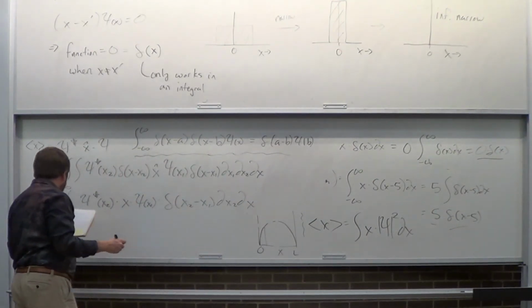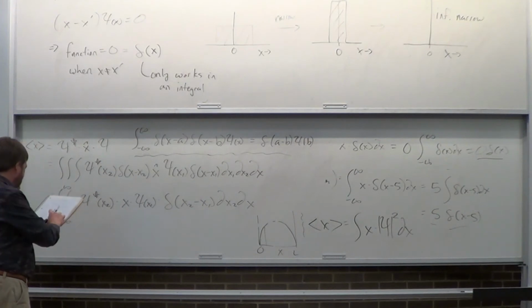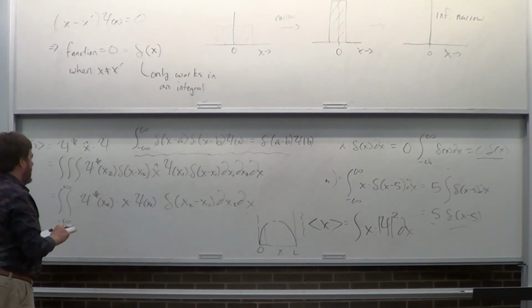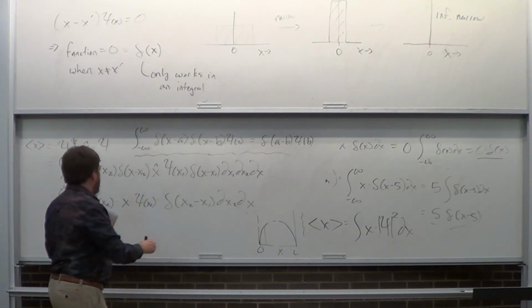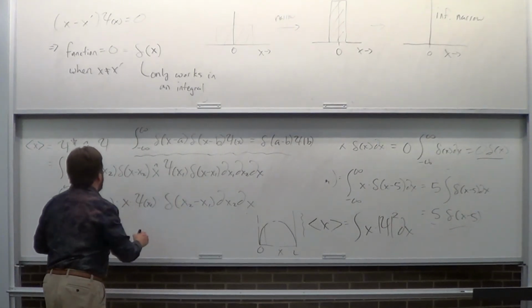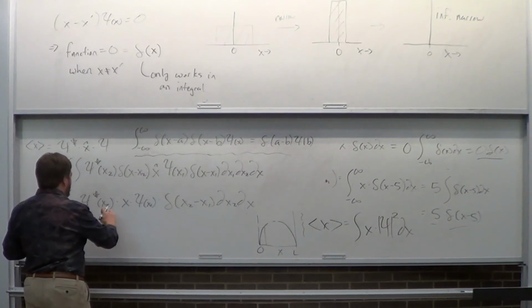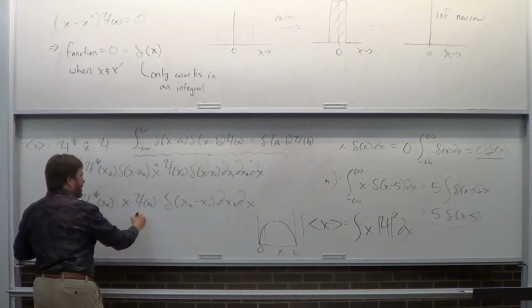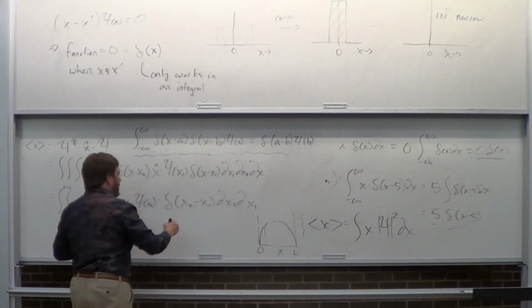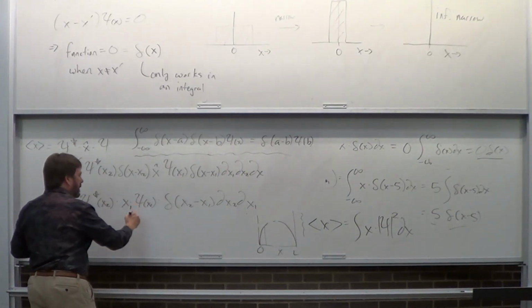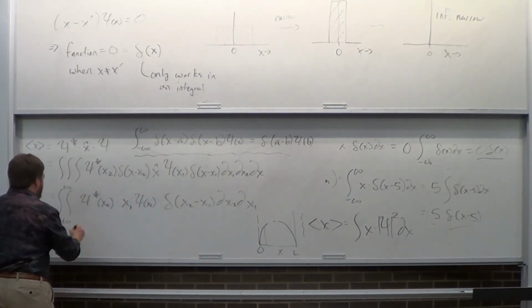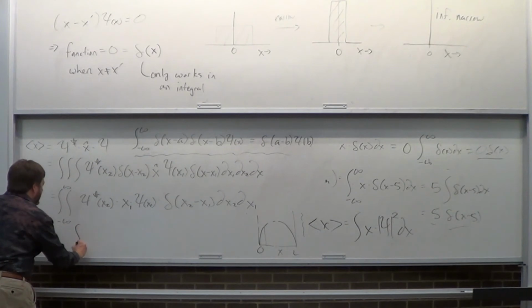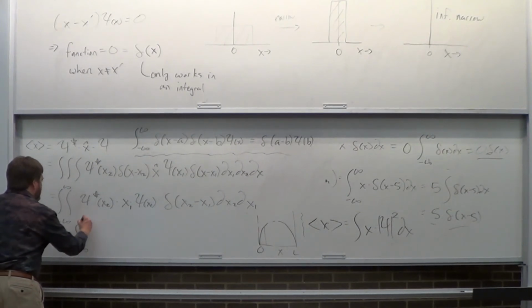I think I made a slight mistake somewhere. I think this ends up being, so if you do the integral of x2, what you then end up with is one integral.